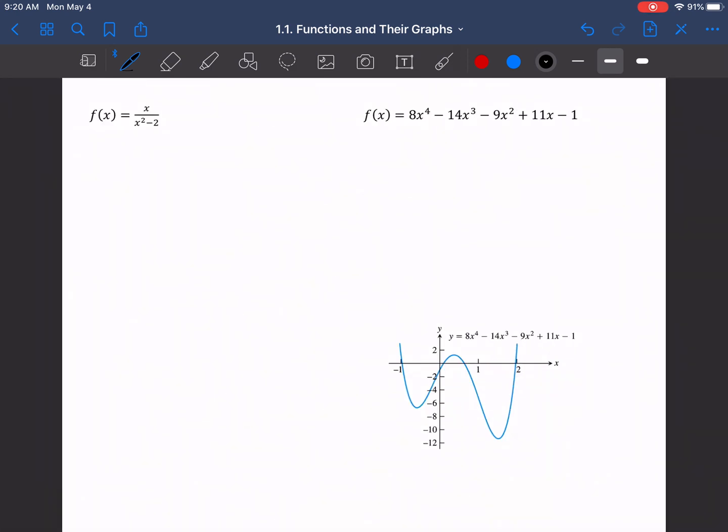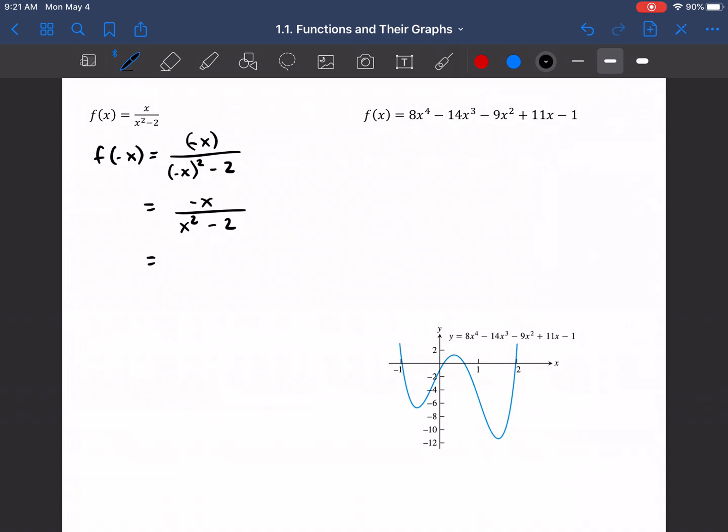Let's take a look here. Let's check these to see even or odd. So I'll show you a couple of these. f of -x, that's what we want to try. We'll put in -x on the top and -x on the bottom. You see that squared, so you might be thinking, oh, immediately this one must be even, but when we square -x, we just get an x squared, and so we get x squared minus 2 on the denominator, and we have that negative on the top, so that's just -x.